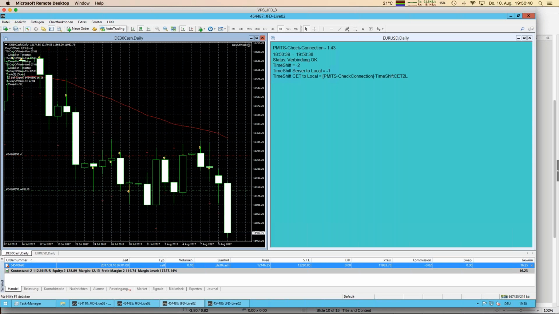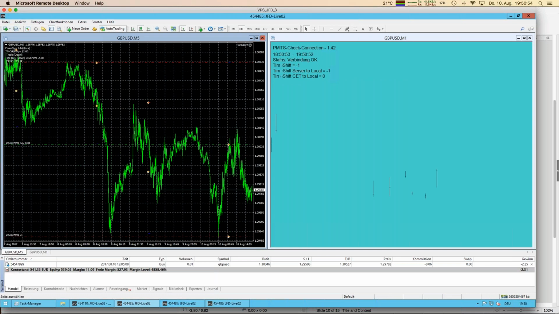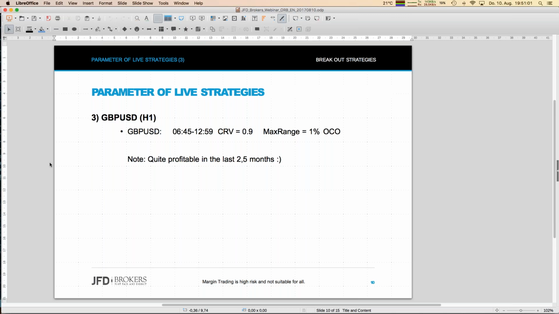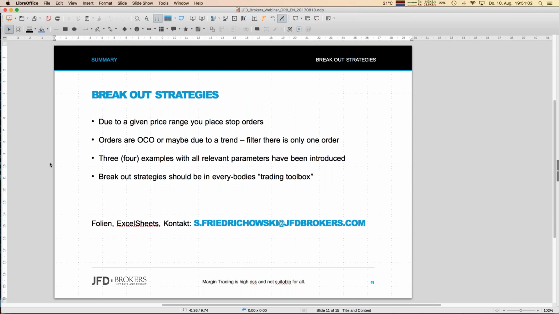We have opened a short trade, and you see that candle here going south very well. So even that strategy, introduced a couple of weeks ago, is definitely worth looking at.